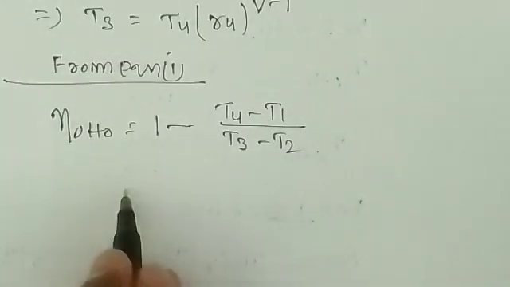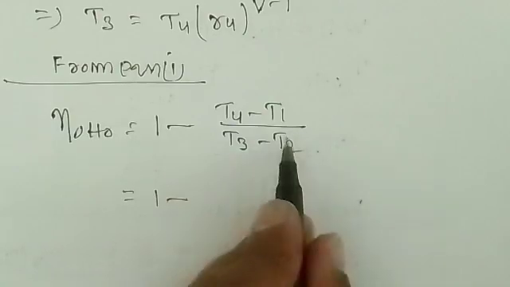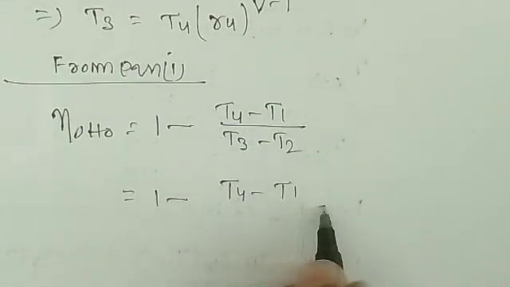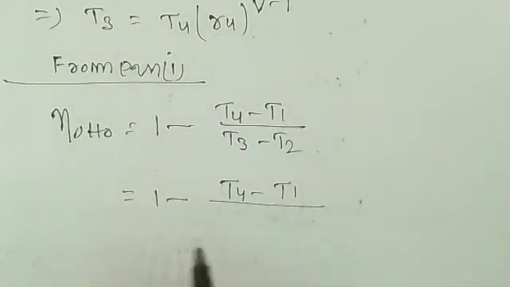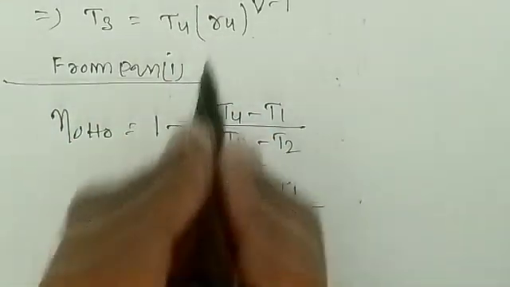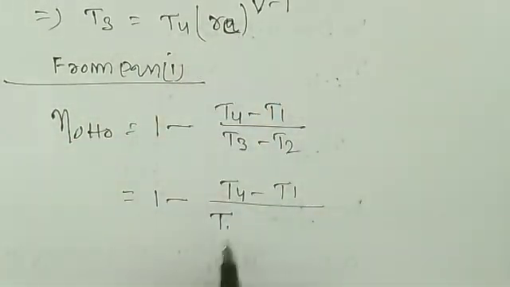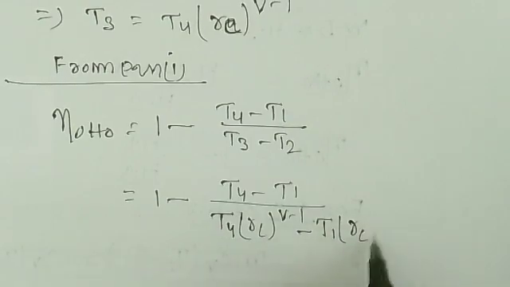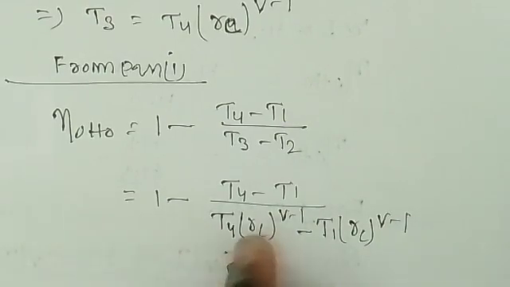Here we leave 1 minus (T4 minus T1) as it is. For T3 you can substitute T4 times Rc to the power gamma minus 1, and again T2 is equal to T1 times Rc to the power gamma minus 1, right? So here Rc to the power gamma minus 1 will get common.